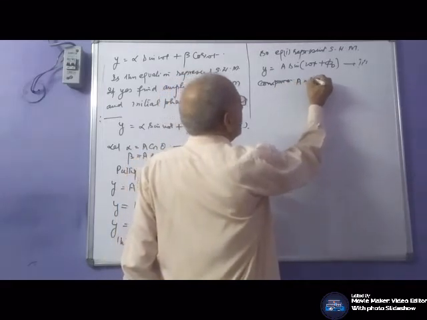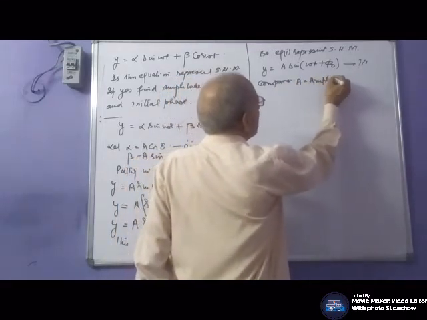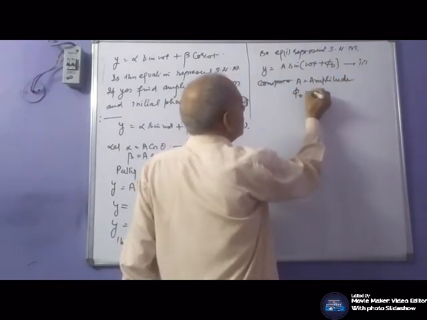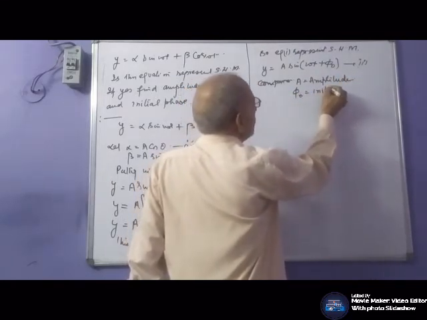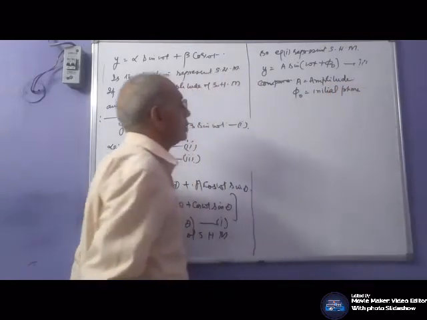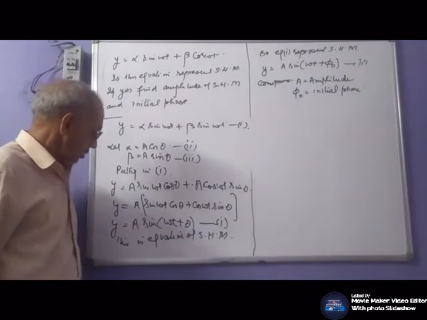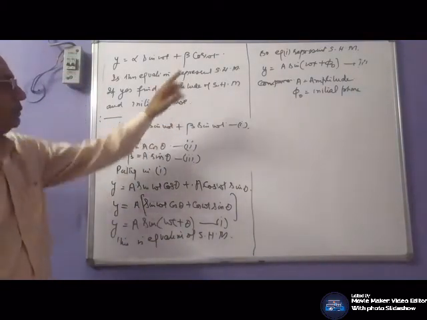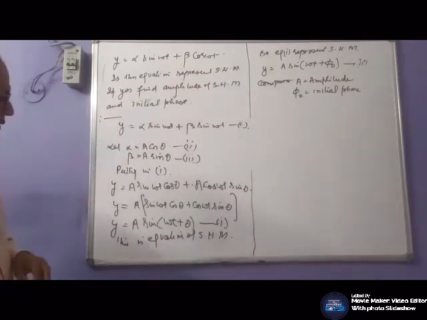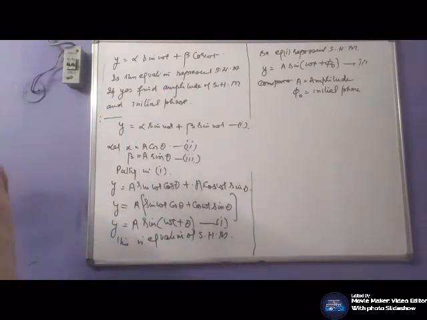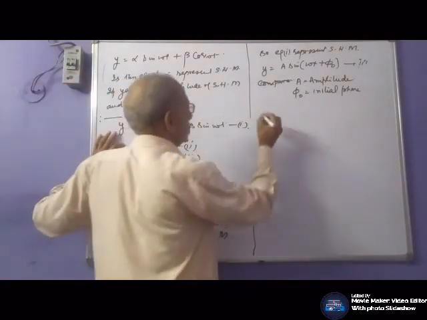A is amplitude, phi naught is initial phase. So this A is A if you compare second and first, and phi naught is theta. So how to find them?